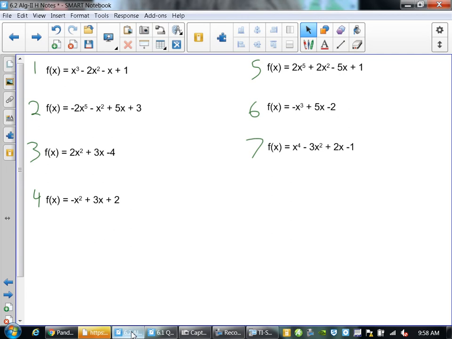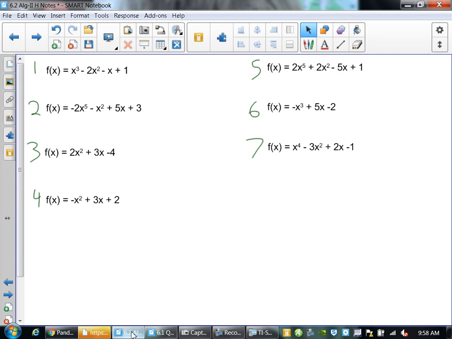What I want you guys to start paying attention to as they graph these things is the relationship between the first term and the first term's exponent. For example, on number 1, what's the first term?